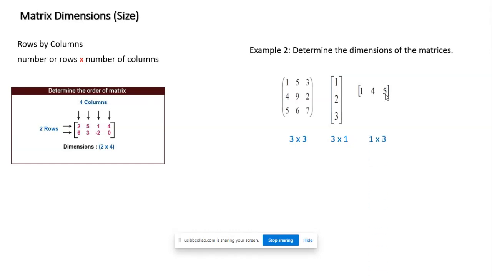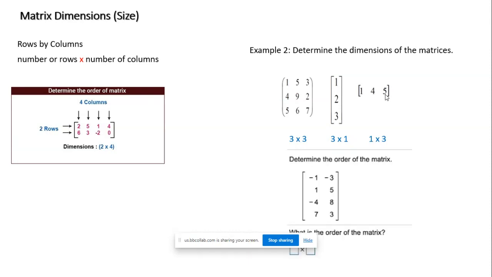Okay, so it's very crucial to know the size of the matrix because we're going to need this information later on. So let's look at this one. Determine the order of the matrix. So what is the order of the matrix?